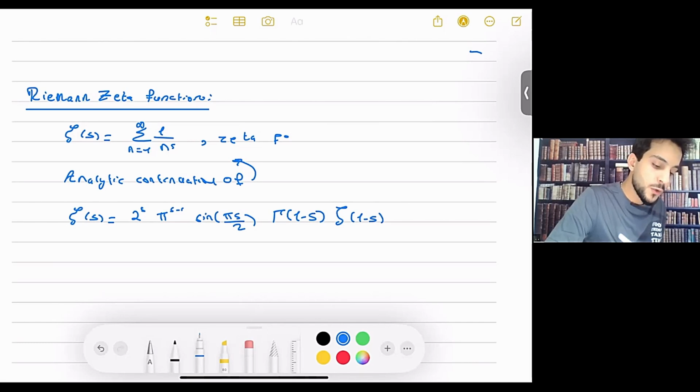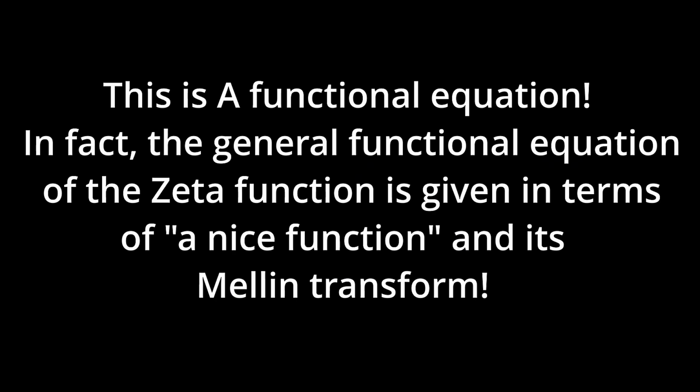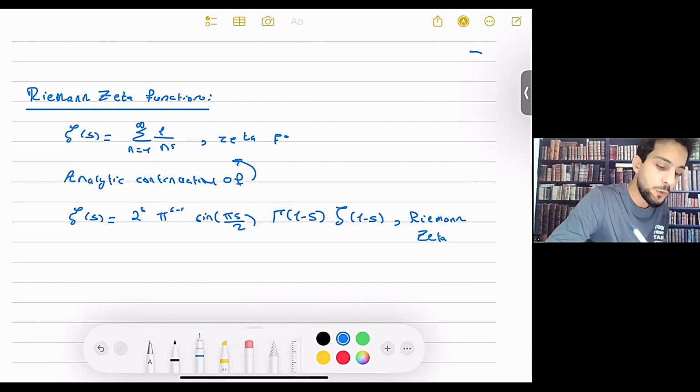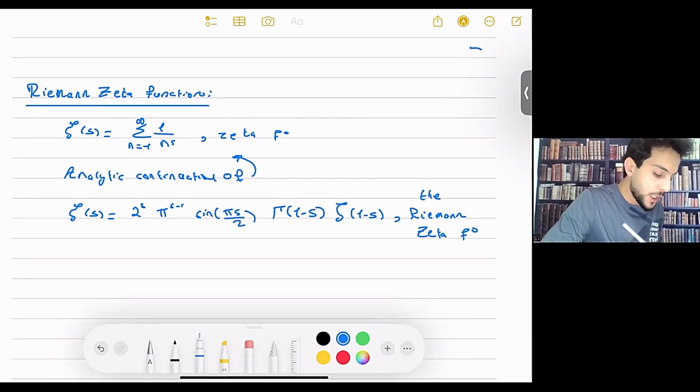So this is the so-called functional equation of the Riemann zeta function. So this is the Riemann zeta function, and people usually call this the zeta function. And the Riemann hypothesis is basically a statement about the zeros of the Riemann zeta function.